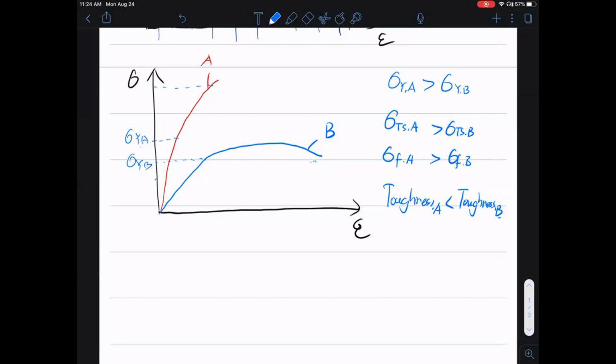Okay, let's find the video. We can find the impact test video. Okay. So in order to test the toughness of a given material, you can do an impact test.